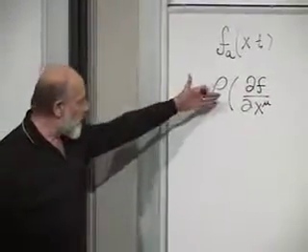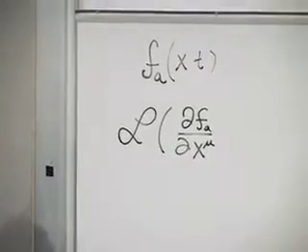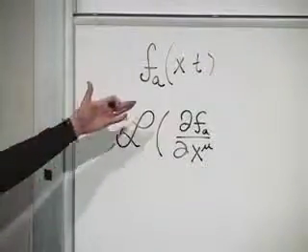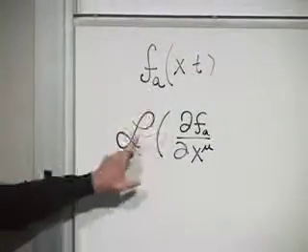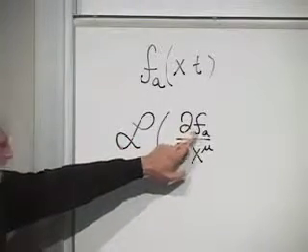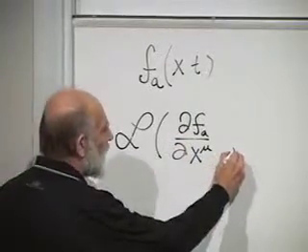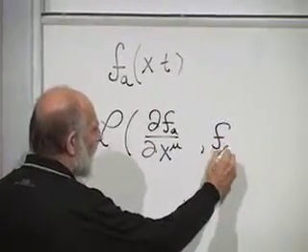There are four of them for each F sub A. So this notation is just meant to indicate that the Lagrangian can depend on all of the first derivatives of any one of the fields f, and also the undifferentiated fields f also.